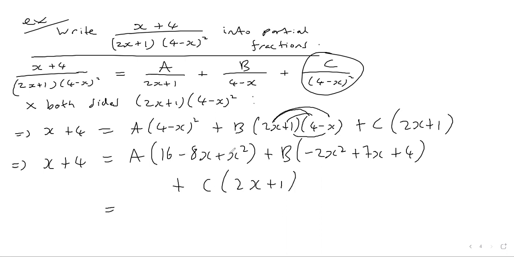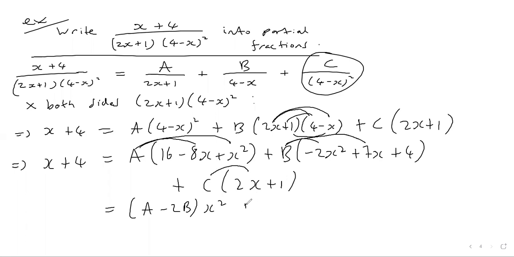So again, if we just simplify what we've got then, so we've got A times x squared there and B times negative 2x squared there. So really what we've got is A take away 2B times x squared from those two terms there. Okay, so next we've got A times minus 8x, so minus 8Ax, and then plus a 7Bx there, and then plus a 2Cx there.